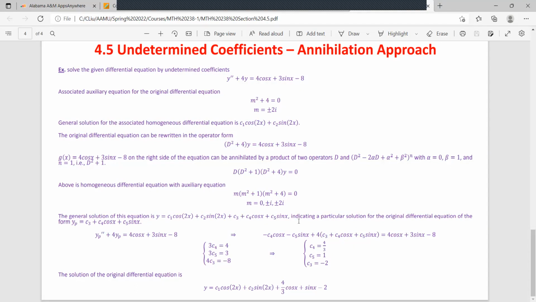That's the left-hand side, and it equals 4 cosine x plus 3 sine x minus 8. So you just combine the like terms on the left and then compare the coefficients of each of the terms with the right-hand side, and we end up with 3 equations basically.